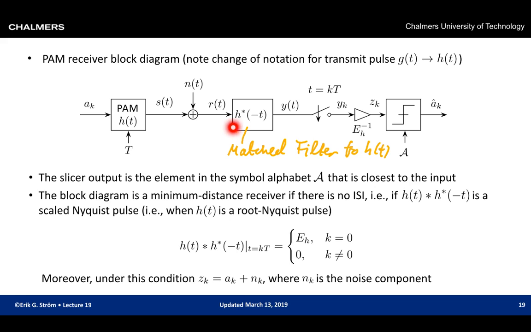Okay, and so if we do this, we get Y, we sample at symbol rate, we get some Y, and then we actually scale this with 1 over the energy for H, and then we get Z. Okay, and ideally, Z is equal to A.